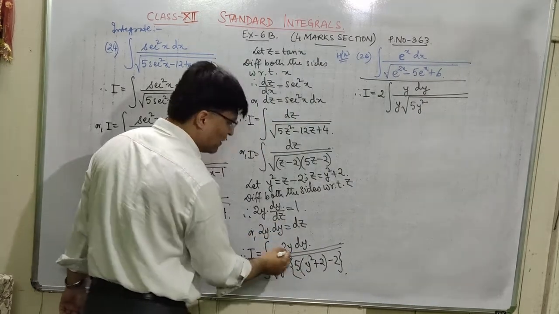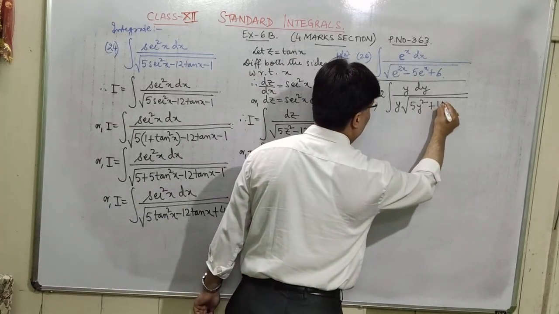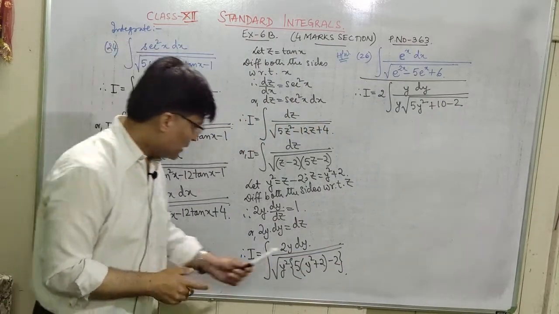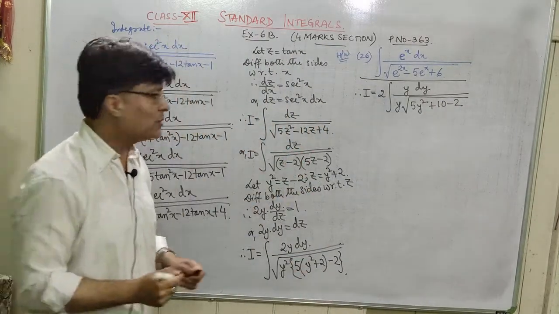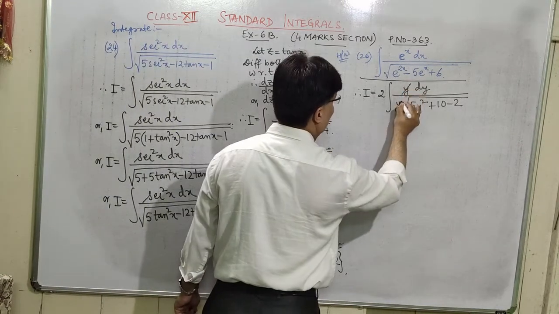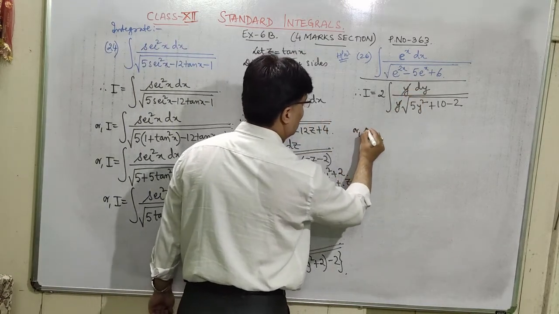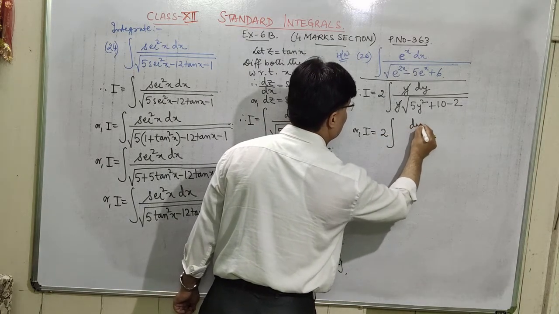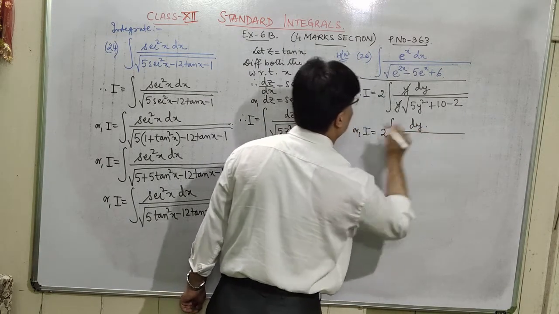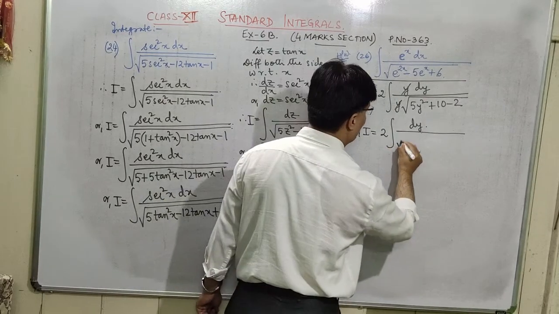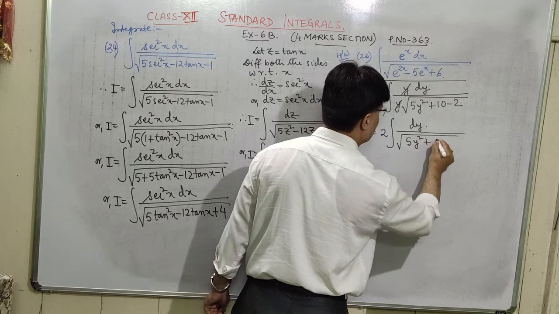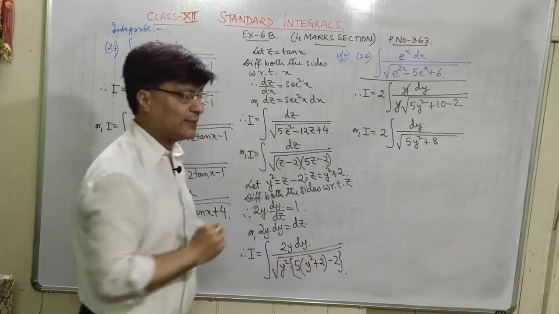It is 5y square plus 5 2s are 10. Then minus 2. It is 5 2s are 10 minus 2, right? So here you can cancel this y. So I is equal to 2 integral sign dy divided by within square root 5y square plus 10 minus 2 is 8.